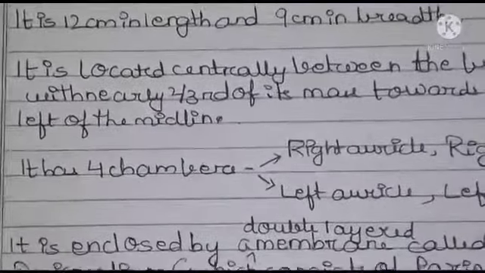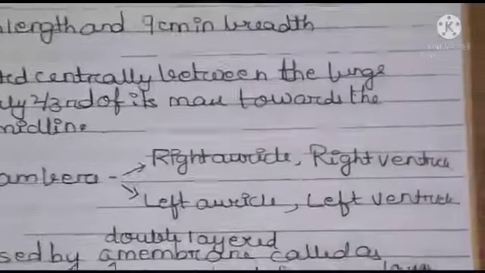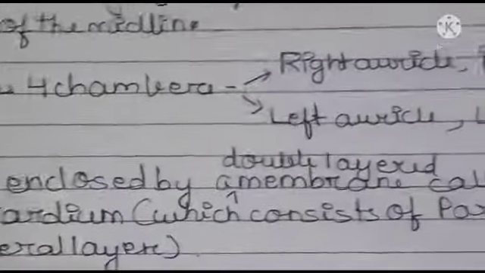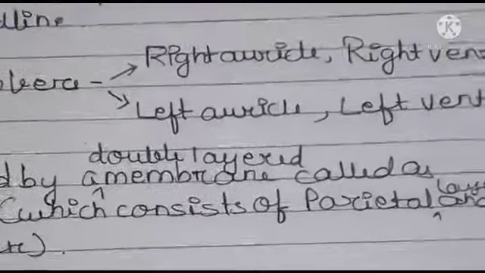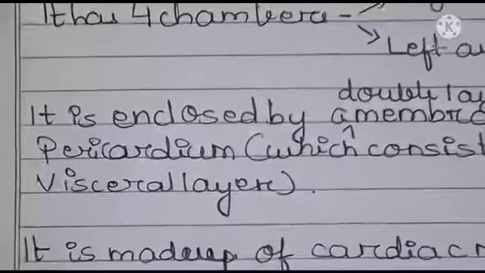It has 4 chambers in total, that is right auricle, right ventricle, left auricle, left ventricle. It is enclosed by a double layered membrane called pericardium, which consists of parietal layer and visceral layer.